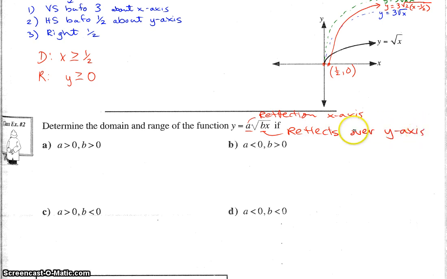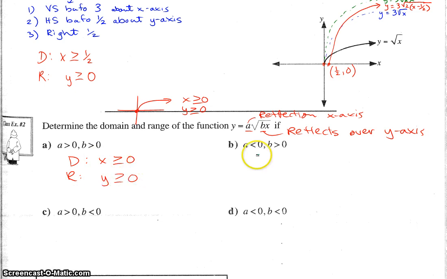On the first one here, what's our domain and range normally? Our basic graph looks like that. So domain would be greater than or equal to 0, and range would be greater than or equal to 0. For the first one, where they're both positive, that's our domain and range: greater than or equal to 0 for x, and greater than or equal to 0 for y.